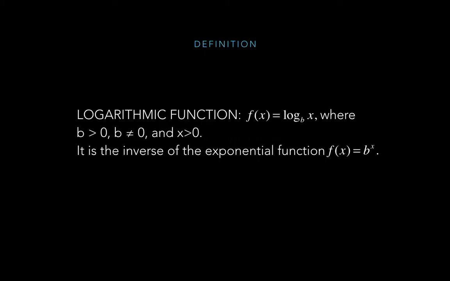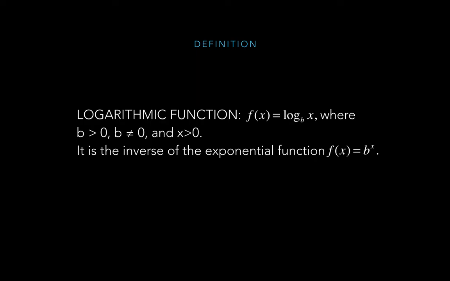We have defined the inverse for exponential functions as logarithmic functions. So your function, f of x equals log b of x, with a little stipulation here: b has to be greater than 0, it cannot be 1, and x is also going to need to be positive.